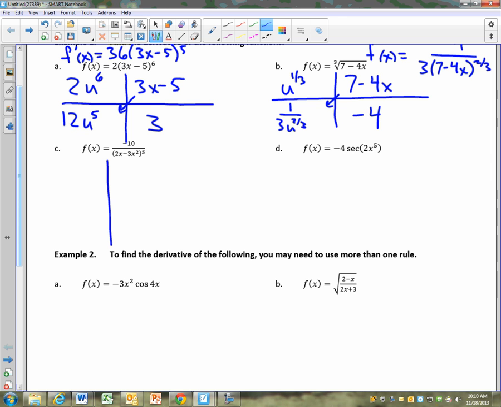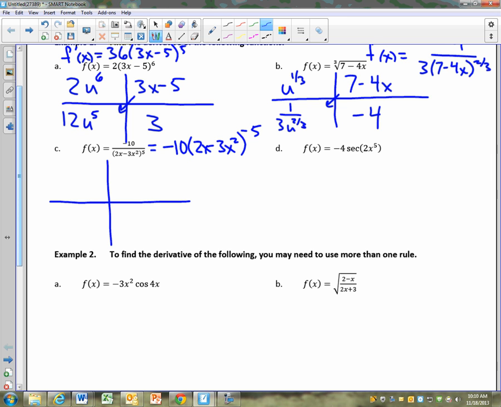How about letter C? I would first like to rewrite it so nobody gets confused: negative 10 times (2x minus 3x squared) to the negative fifth power, as Larry said.